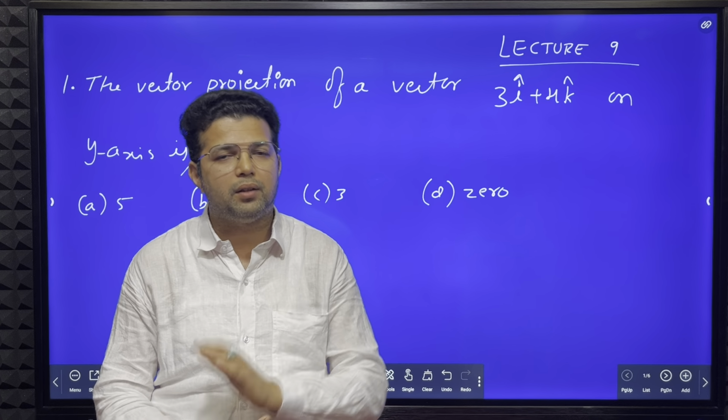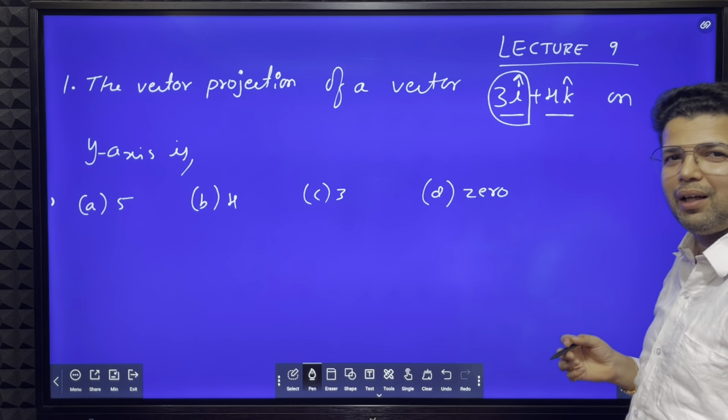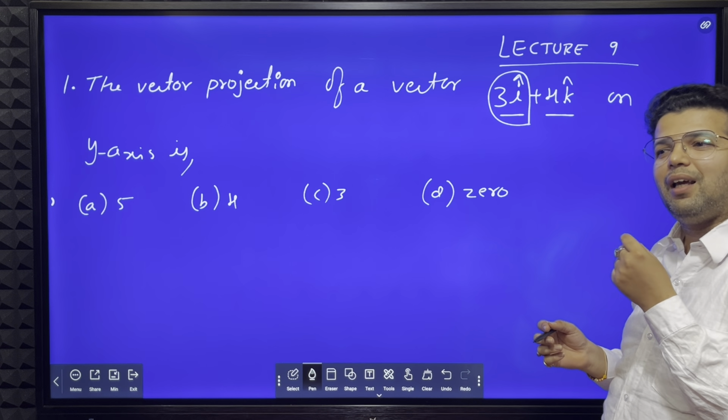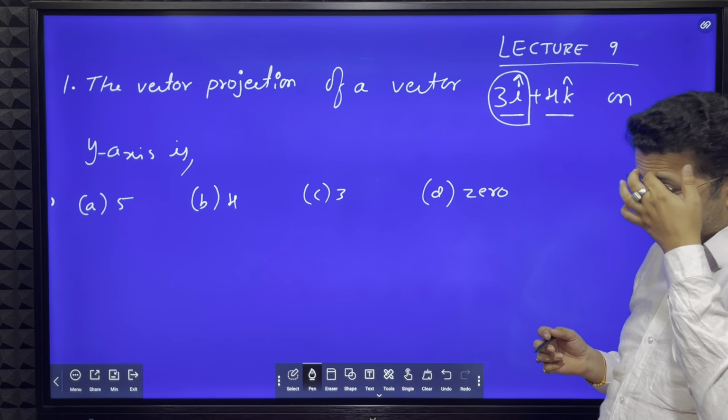What is 3i cap? What is i cap? I cap is a unit vector along x axis. Now what is k cap? K cap is a unit vector along z axis. This vector has some projection on the z axis and some projection on the x axis.